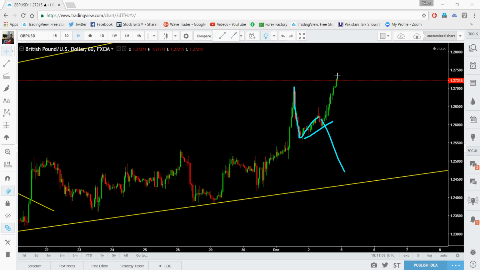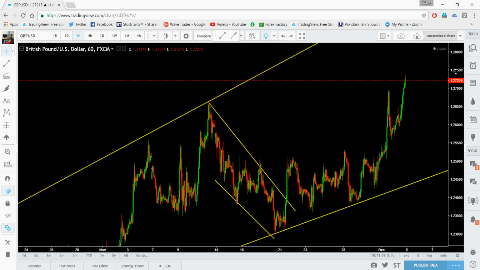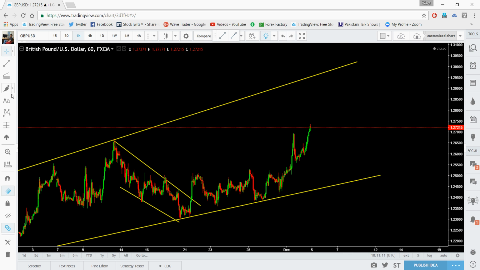If we see impulse here, we're going to look for continuation to the downside. If price continues forming a corrective pattern here, then definitely you can look for a short-term buy setup to the upside. All right, so the longer term sell is going to come here.